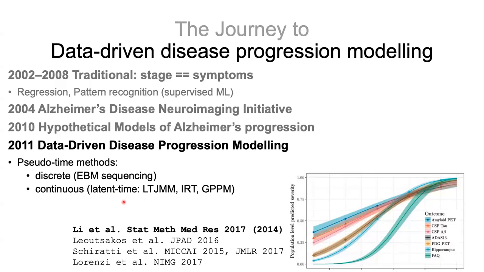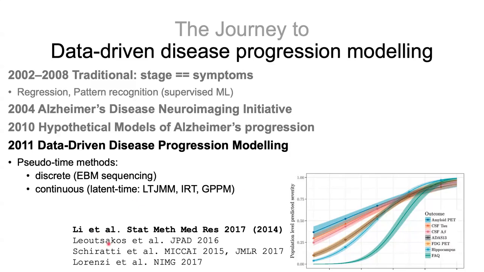There are continuous versions of this that require longitudinal data to go in. So they're latent time methods, which lines up with that initial cartoon I showed you. That's the first figure of the recent review paper. Examples include the latent time joint mixed model, which is just like a mixed effects model with a time shift parameter allowed. That came out of Mike Donohue's lab on the west coast of the US.